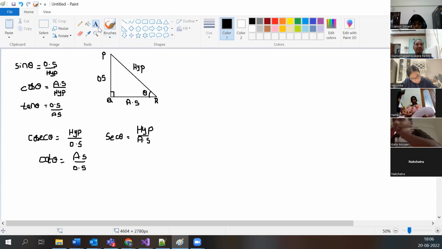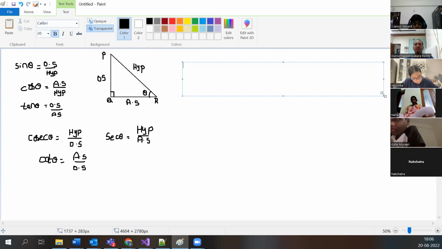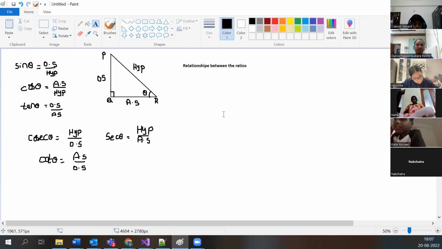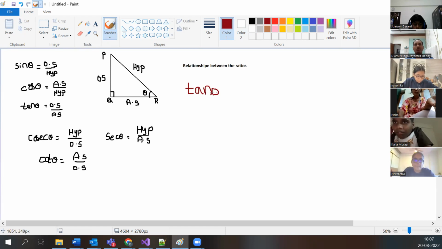Now, the second thing we also discussed is the relationship between the ratios, between all the trigonometric ratios. What does it mean? Let's say for example, tan theta. How can I write tan theta in terms of sine and cos? Sine theta by cos theta.